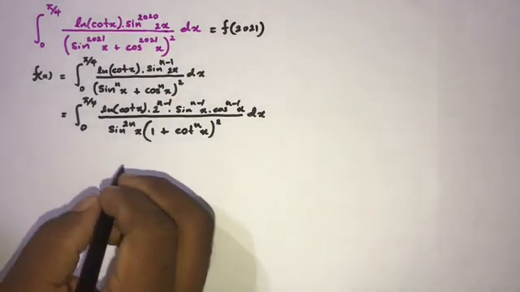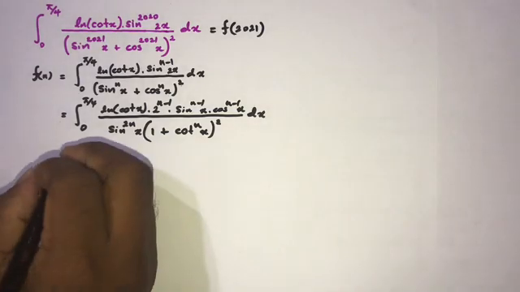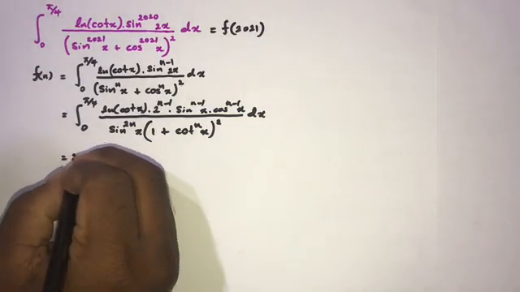Then 2 raised to the n minus 1 power is a constant, so we can write it outside of the integral sign.